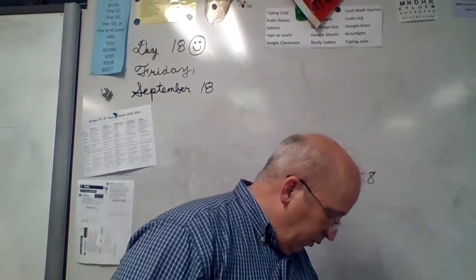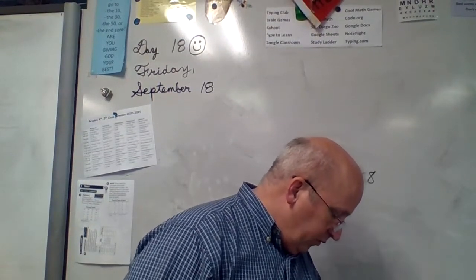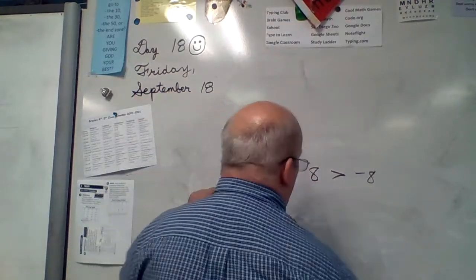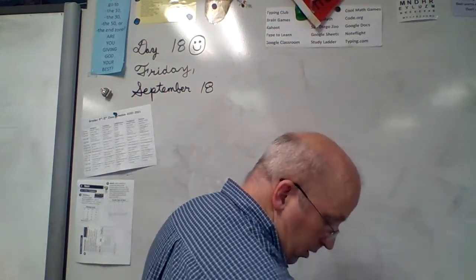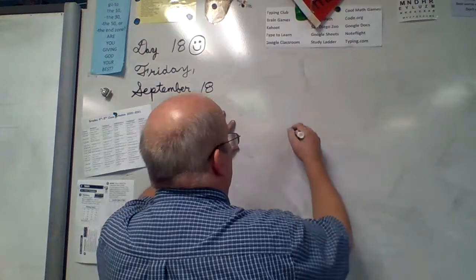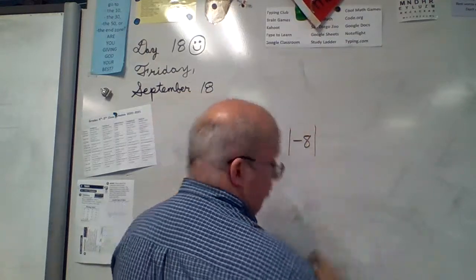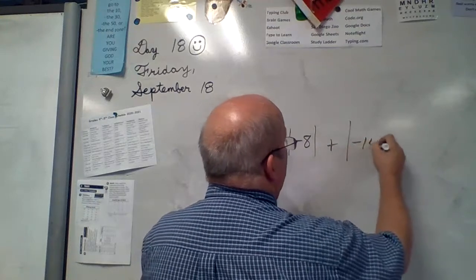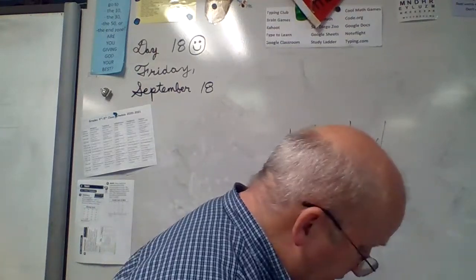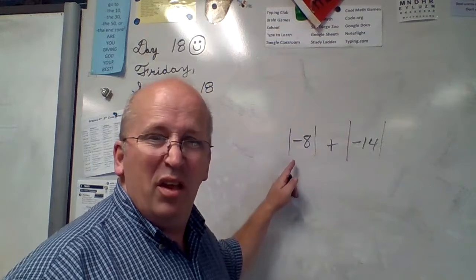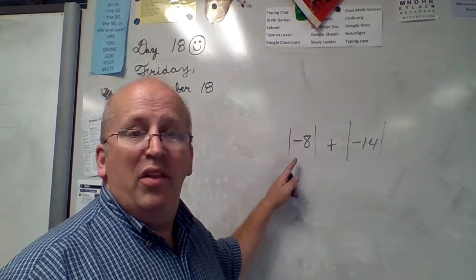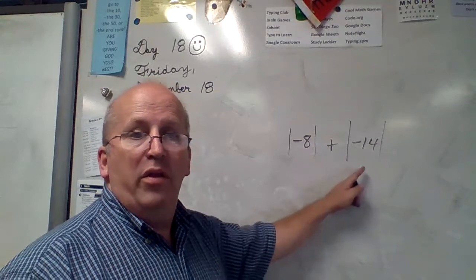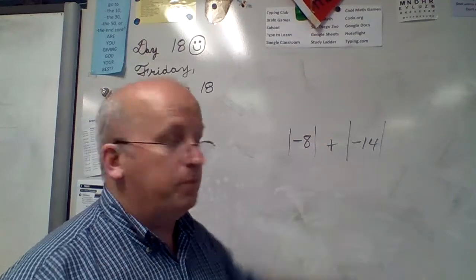Let's look at 12 through 15. Just want to remind you how to do problem 15. When you're faced with a situation like this, first of all, we have to know how to read it. How do we read this equation? This is the absolute value of negative 8 plus the absolute value of negative 14.